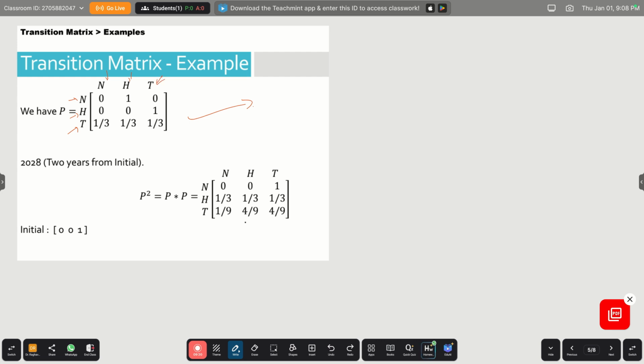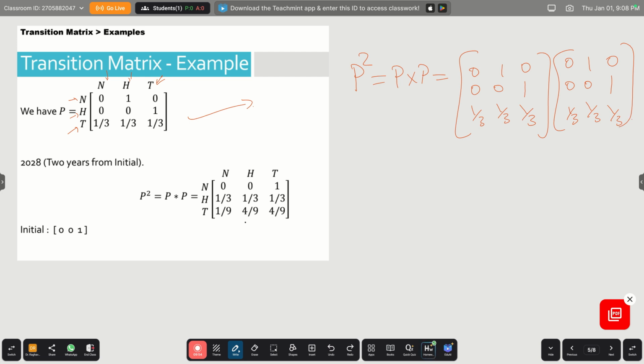Now P into P is P multiplied by P. So I'll multiply two matrices, 0, 1, 0; 0, 0, 1; 1/3, 1/3, 1/3, multiplied by the same matrix. If you multiply these two matrices, your result is going to be this.